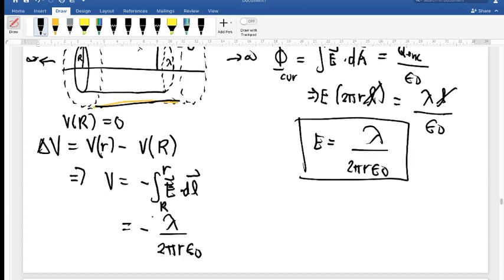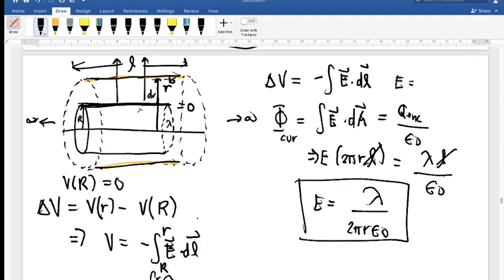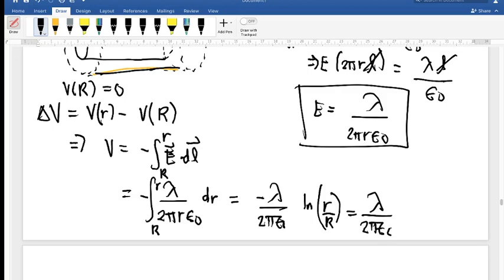That is the integral from r to small letter r, and your dl is actually the displacement from point here to here, which is just dr. So here we have negative lambda over 2 pi epsilon sub naught, and then what's left is ln of r divided by r, then putting the negative inside, we have lambda over 2 pi epsilon sub naught ln of R divided by r.